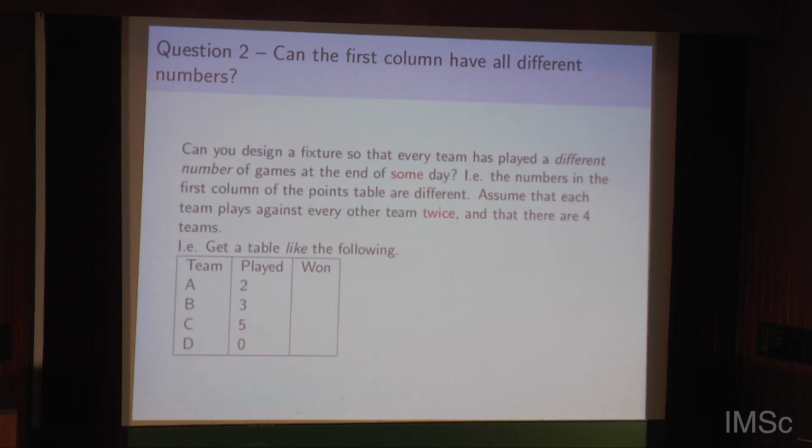Let's say there are four teams again. Everybody plays against everybody else twice. What I'm asking for is that in my played table, all numbers must be different. Someday, not every day, can you design a fixture so that at the end of some day, everybody has played a different number of games?